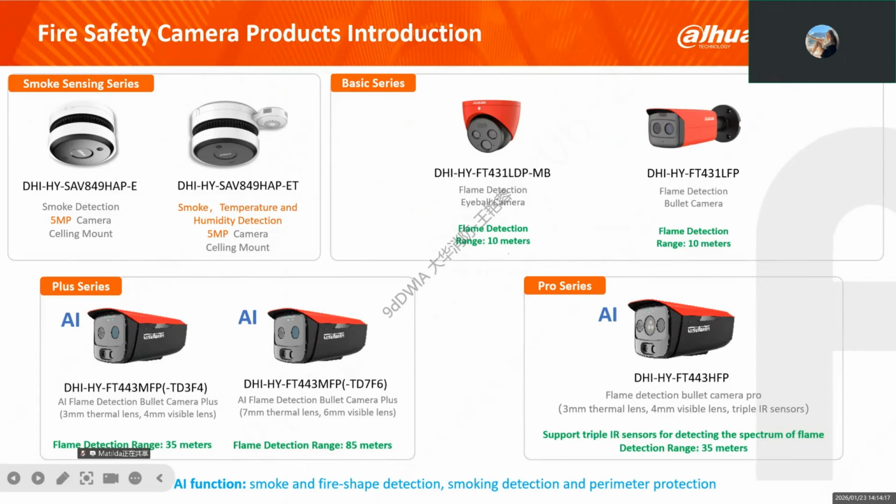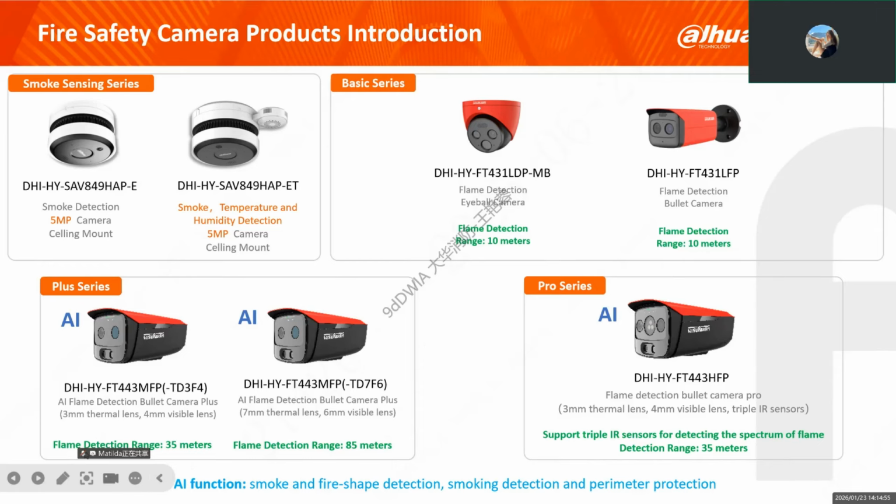And for the plus series, we also have two kinds of models. The difference between these two models is the lens. Compared with the basic series, the plus series cameras have more AI functions, like smoke and flame shape detection, smoking detection, and perimeter protection, like tripwire detection and area intrusion.